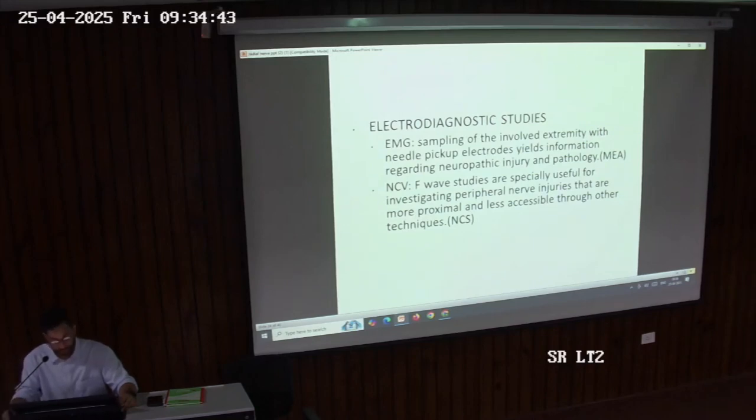Nerve conduction study can be done, in which F-wave studies are especially useful for investigating peripheral nerve injuries that are more proximal and less accessible through other techniques.